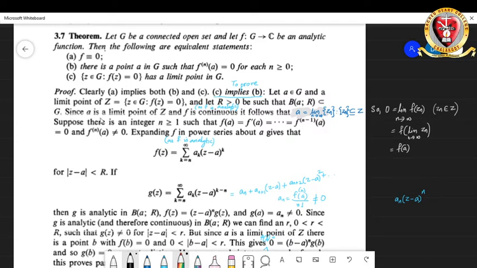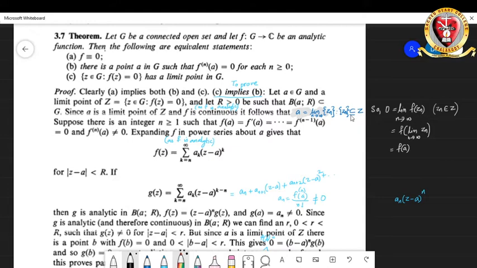Now as a is a limit point of Z and f being analytic, it is continuous. We can say that a is equal to limit n tends to infinity z_n, because it is a limit point, right? So these z_n's are coming from the set Z we are talking about. So 0 is equal to limit n tends to infinity f of z_n. Why?